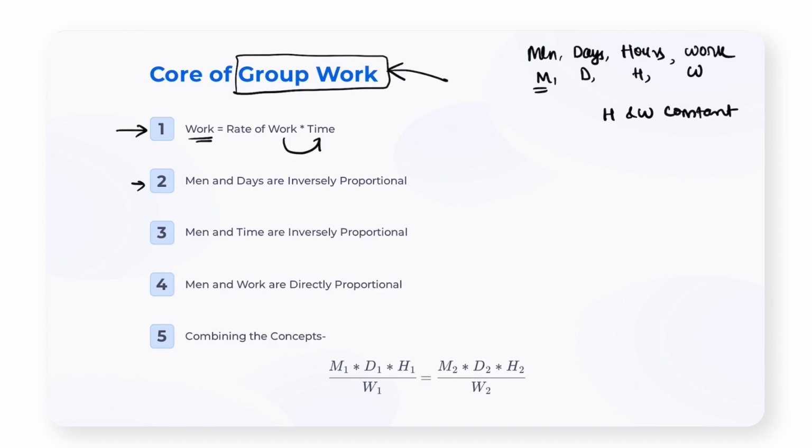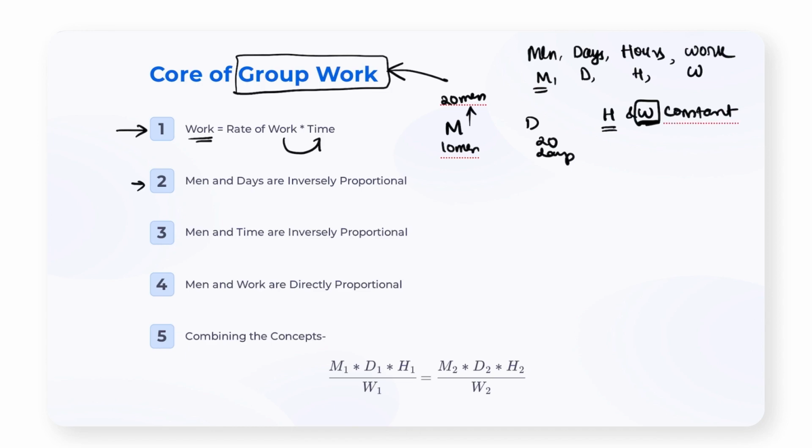Think about it. If you have 10 men being able to complete a certain work in 20 days, what would happen if I increase from 10 to 20 in terms of the number of men? Do you think they would take again 20 days, or would the number of days increase now, given that the total work is constant, number of hours worked per day is constant?